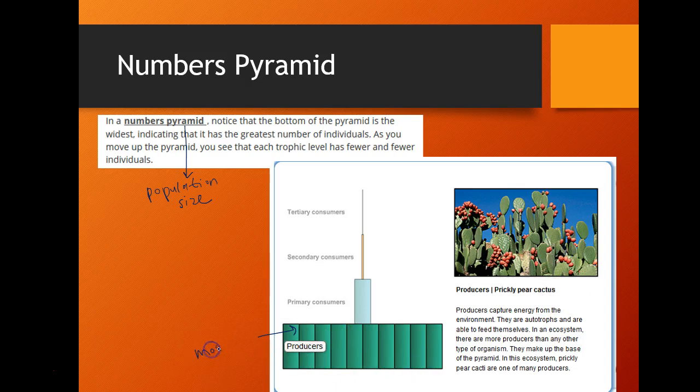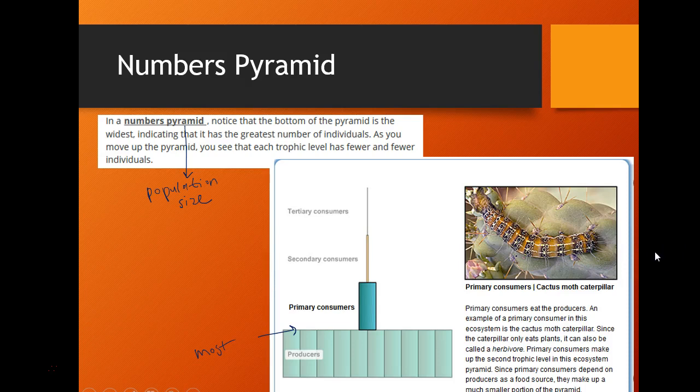Out of the entire pyramid that you see right here, definitely there are the most producers. Then if we go up a trophic level, we have some primary consumers. And remember, we talked about that moth caterpillar that feeds on the cactus. You can see that these are herbivores and that they only make up a fraction of how many producers there are.